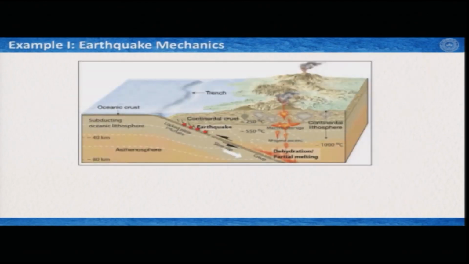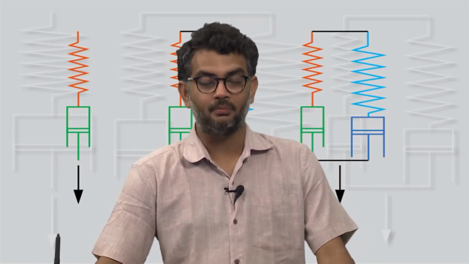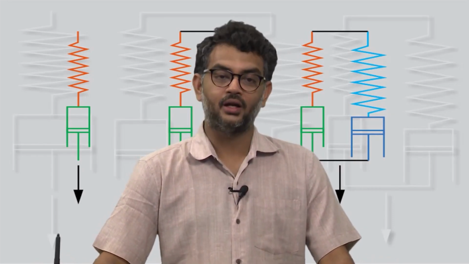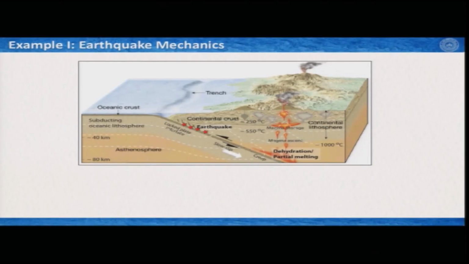Now, we will see 3 examples of where and how in large scale processes we apply this complex or combined rheology. The first one we take up is earthquake mechanics. Now, we know how earthquakes happen, right, that most earthquakes happen along plate boundaries, or to be very specific, in the convergent plate boundaries, where the oceanic plate goes down below the continental plate.